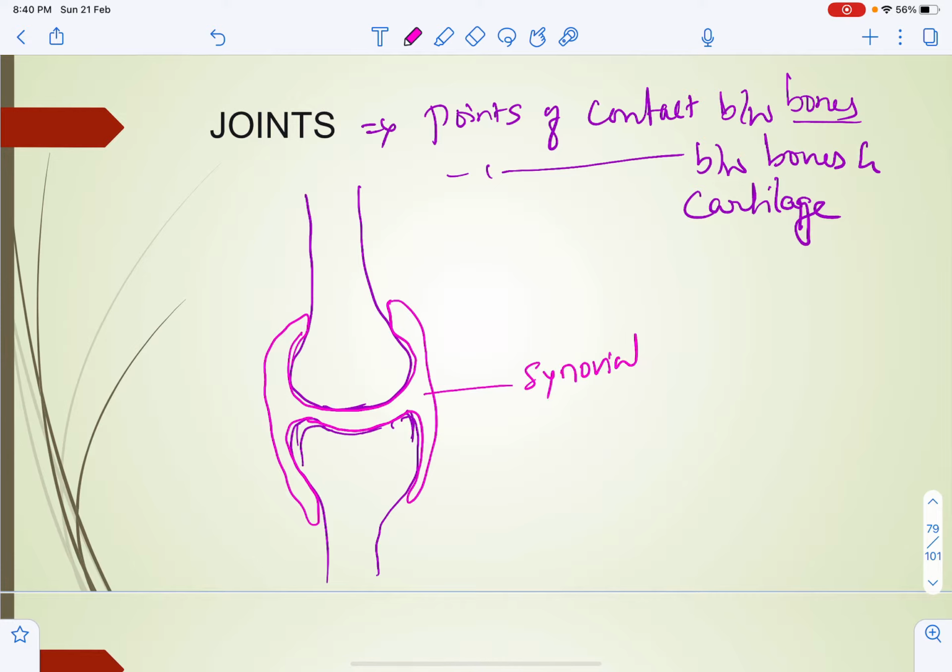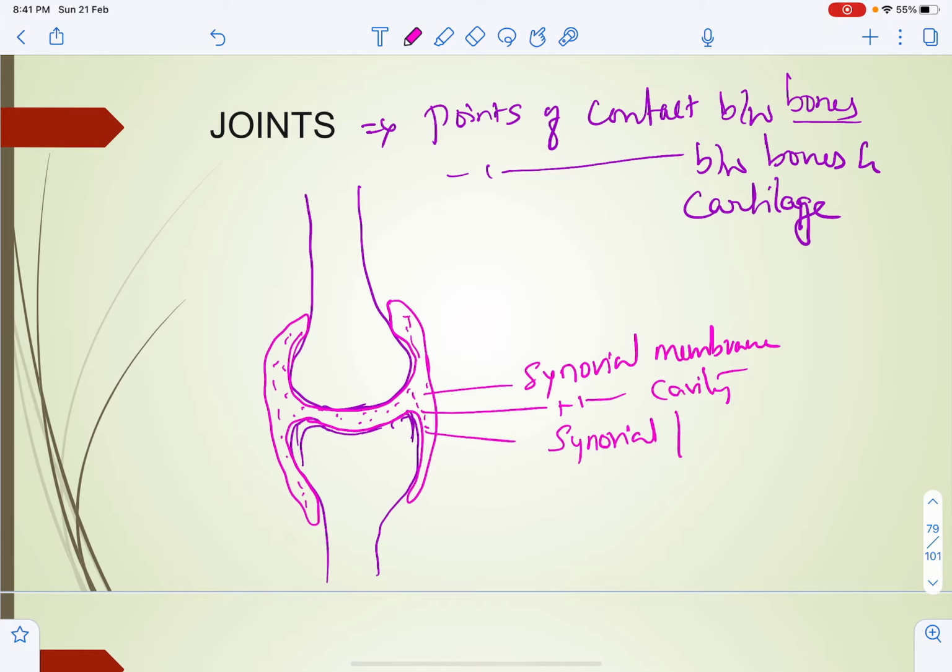In the synovial membrane, the cavity which is present is called the synovial cavity. The cavity is filled with a fluid called synovial fluid.